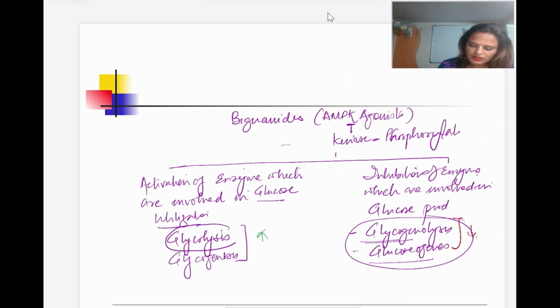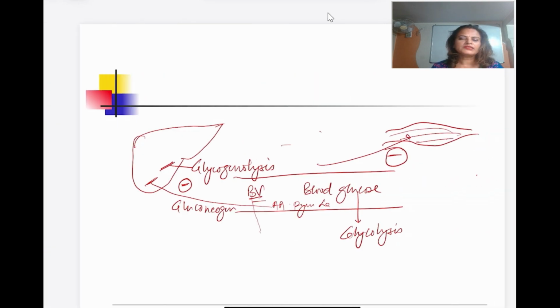By promoting glycolysis. It is going to activate the enzyme which increases the uptake of glucose, especially in muscle cells and adipose tissue, and that glucose uptake will ultimately be utilized where? In glycolysis. It undergoes glycolysis. And another one is, it is also going to increase glycogenesis.